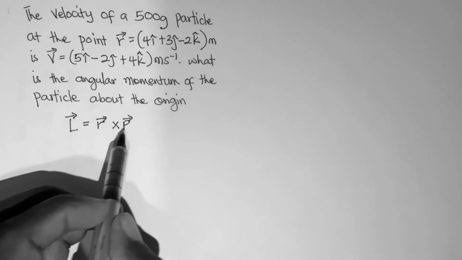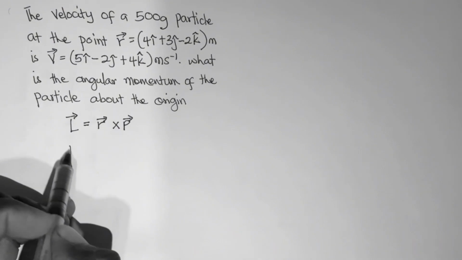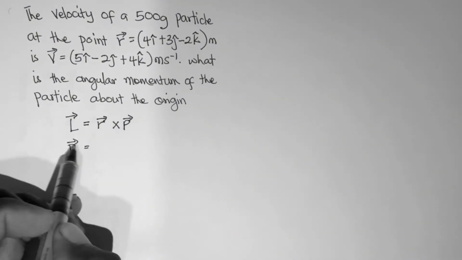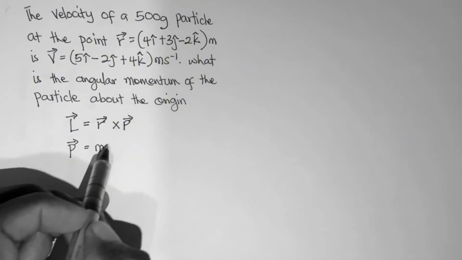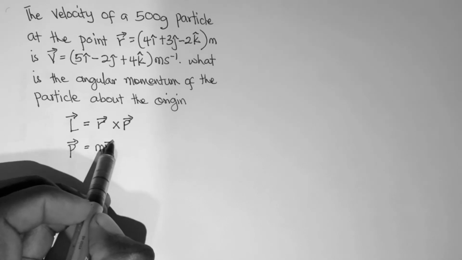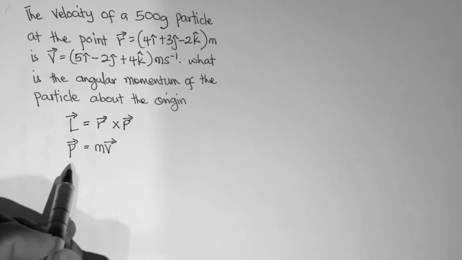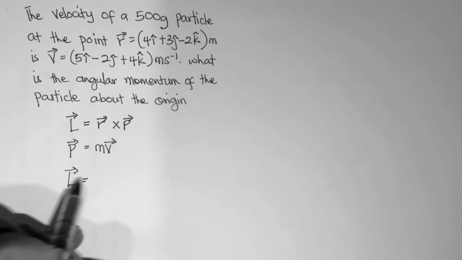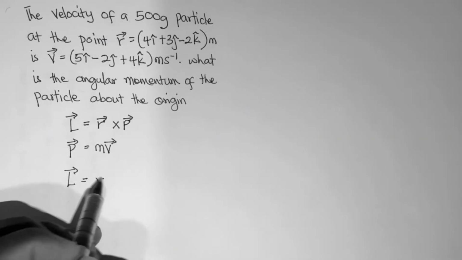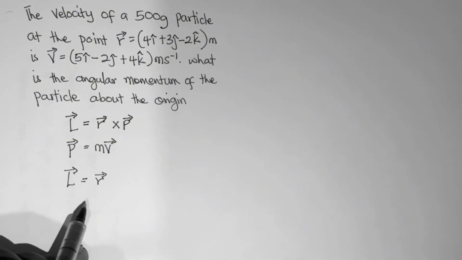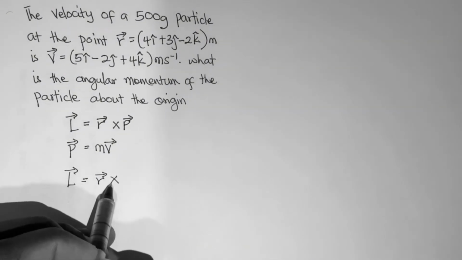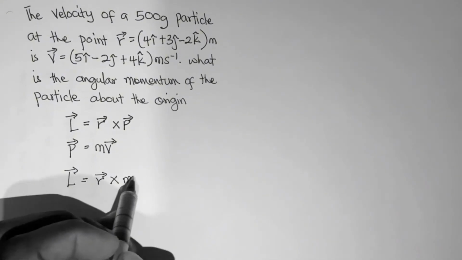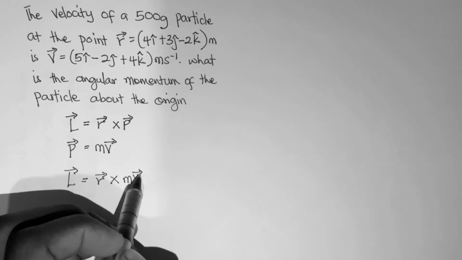But this linear momentum is the mass times the velocity vector, and therefore angular momentum is a cross product between the displacement vector and the mass times the velocity.